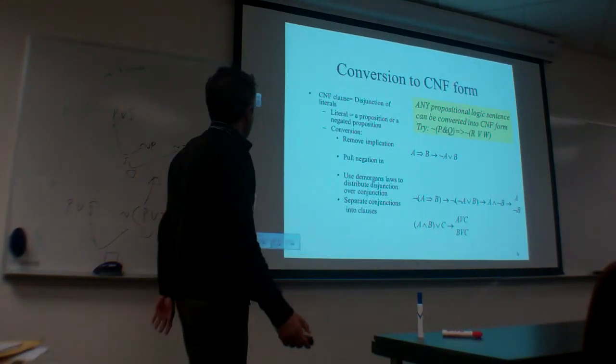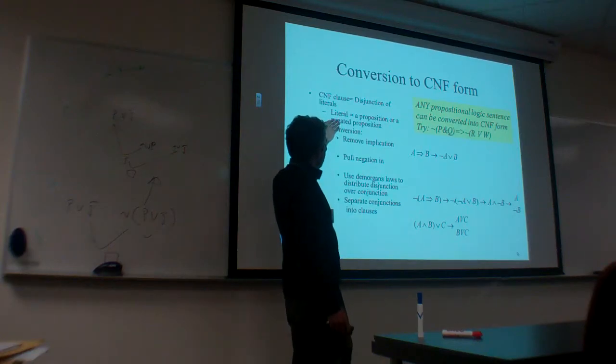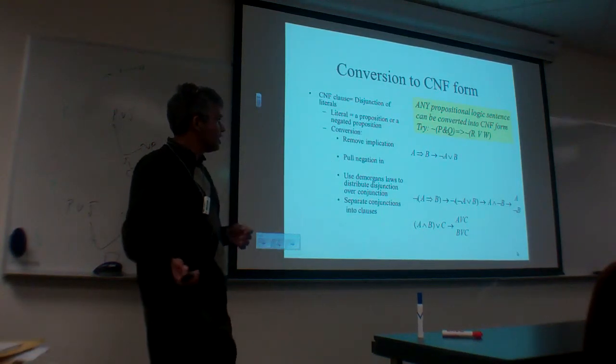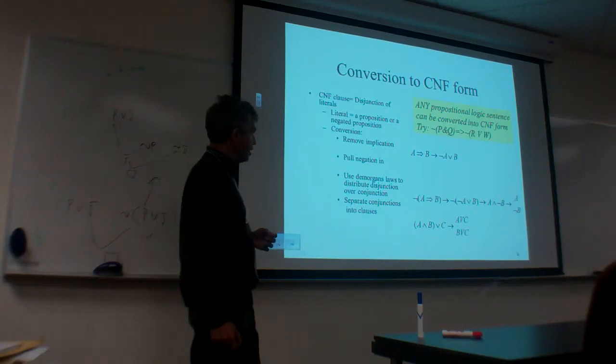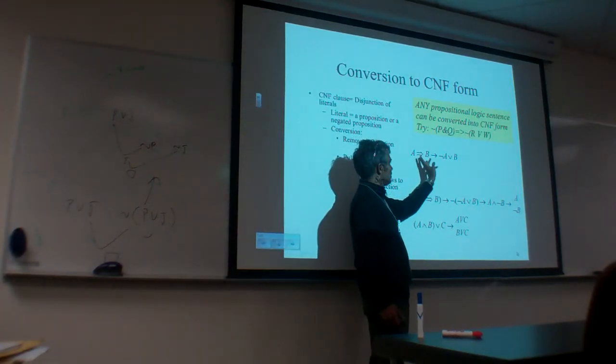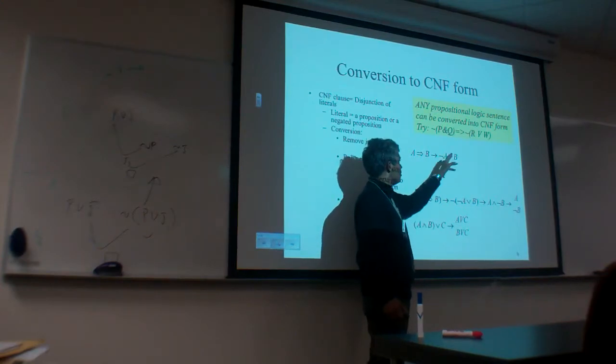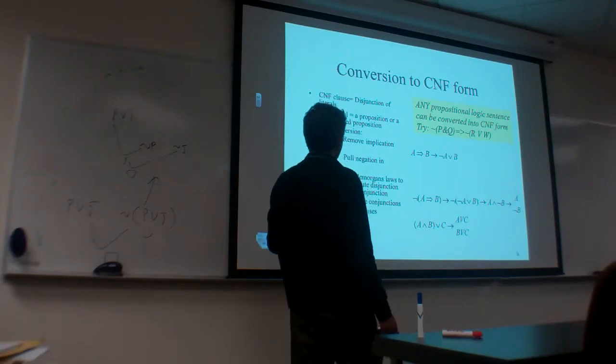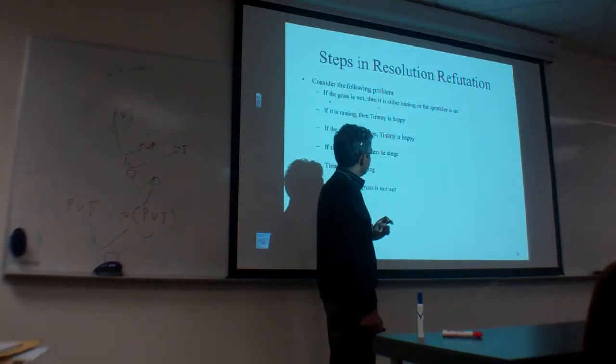So the rules are very simple. Essentially, you do these steps. You start by first removing the implication. A implies B becomes not A or B. Then you pull negation in.